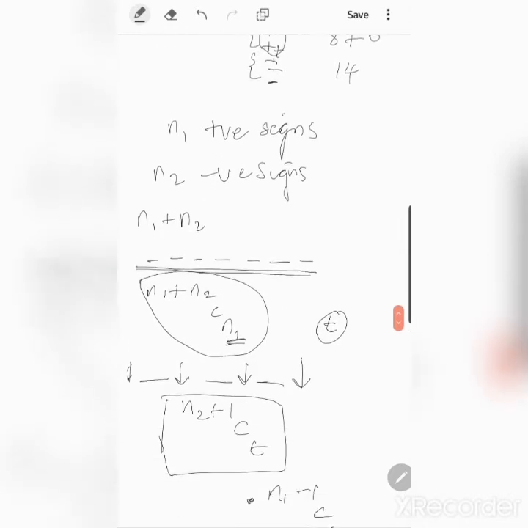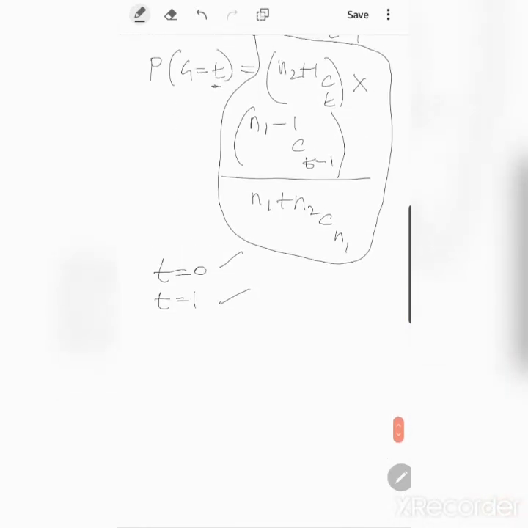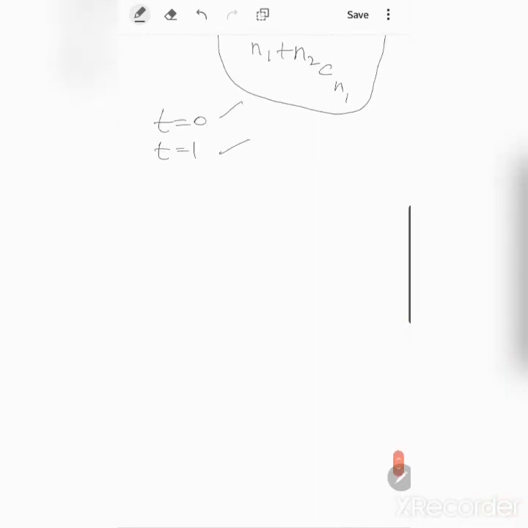So our test will go like, what is the probability that j is equal to 2? And this will be equal to 2 positive groups. So n2 plus 1 is what?